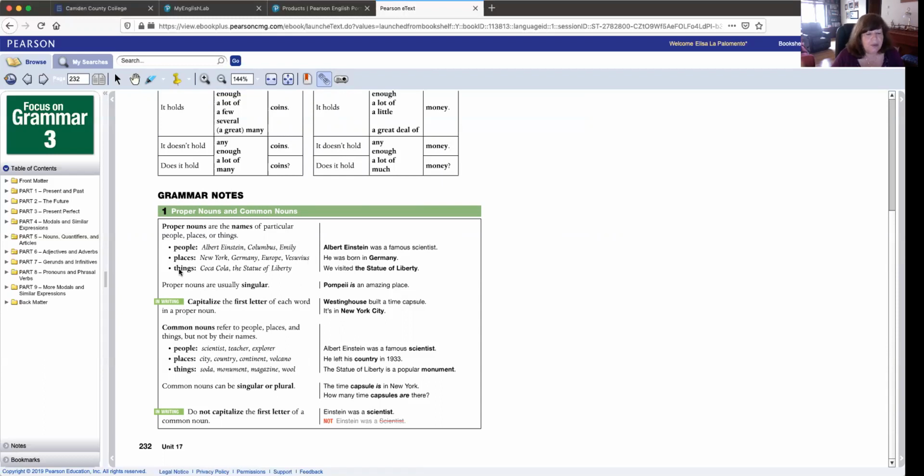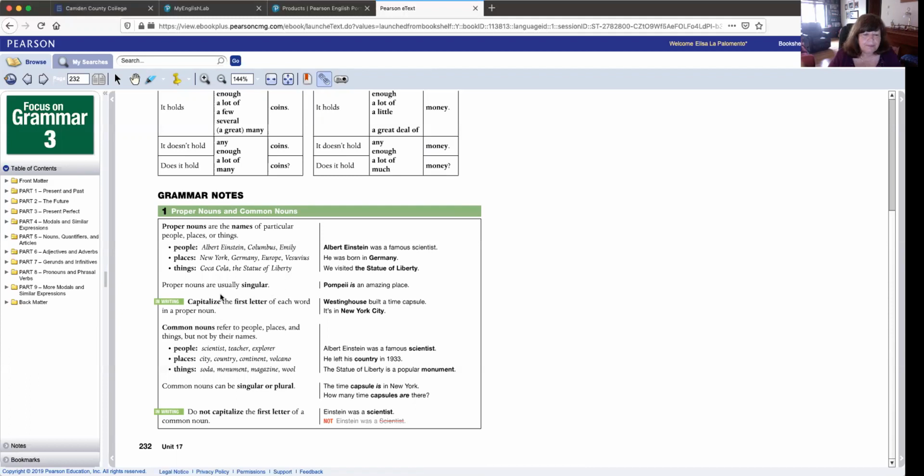The same thing with things. These are specific things. Coca-Cola is a proper noun because it is the name of a specific type of soda. So it starts with capital letters. The Statue of Liberty, again, is a proper noun because this is the name of a specific statue.